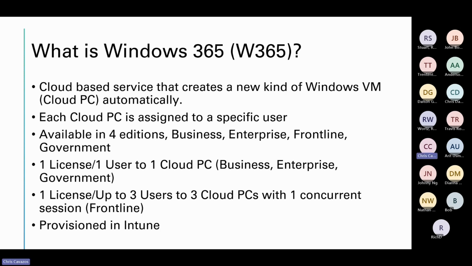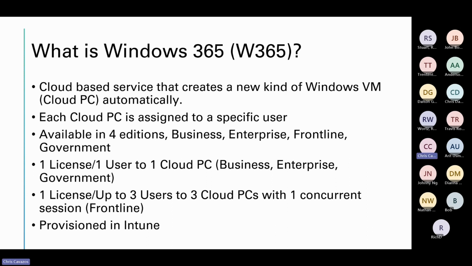However, with Frontline, you have one license that can be assigned to 3 users, and 3 individual cloud PCs will be provisioned for those 3 users. The caveat is that only one user can be logged in at a time. Even though there are 3 cloud PCs available, because of the Frontline license, only one can be logged into their cloud PC at a time.